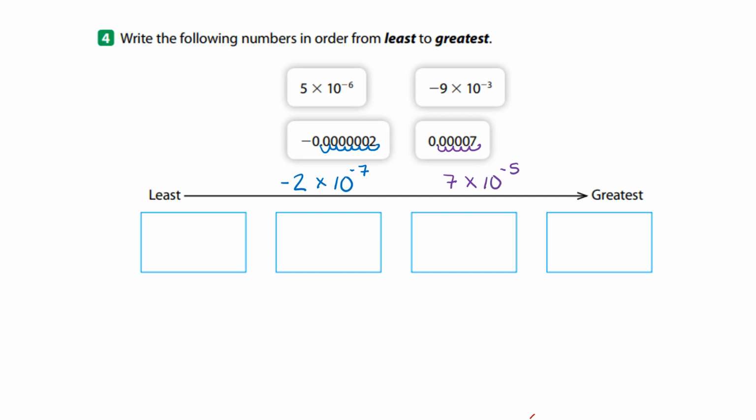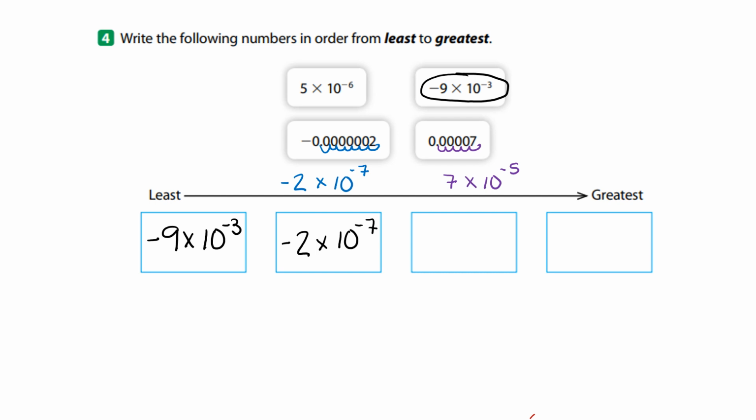Now, when we are writing numbers in order from least to greatest, we want to compare both the whole number values as well as the negative and positive exponents. Our least number, our smallest number, is going to be negative 9 times 10 to the negative 3rd. Our second smallest number is negative 2 times 10 to the negative 7th.